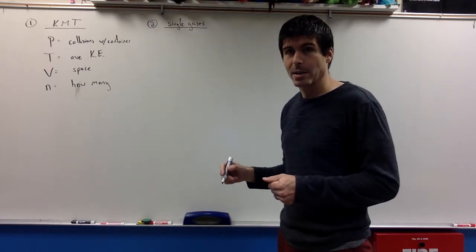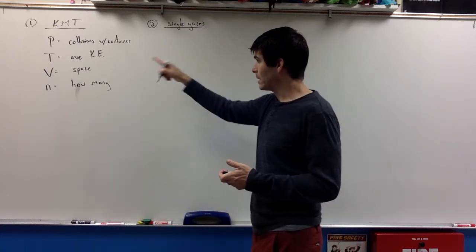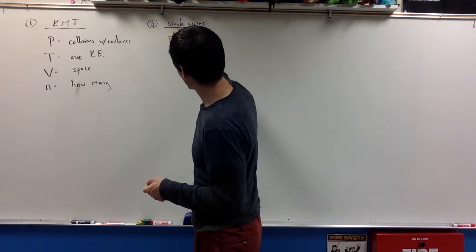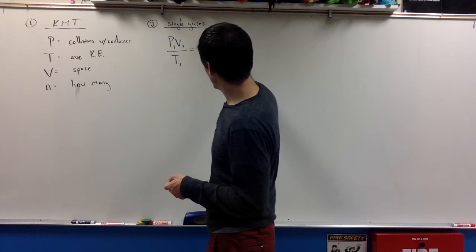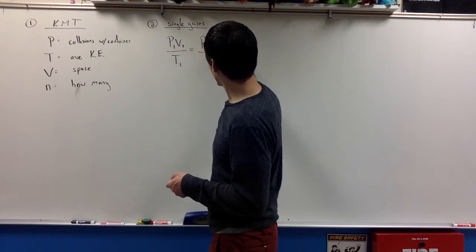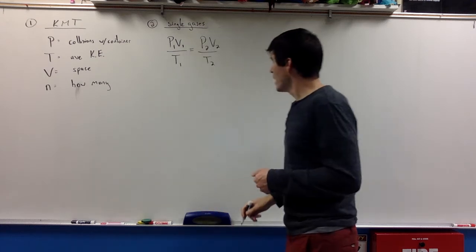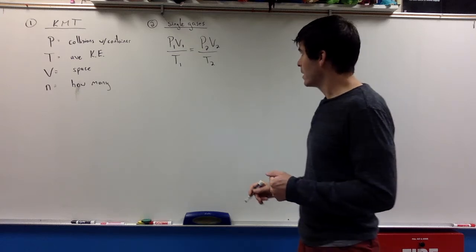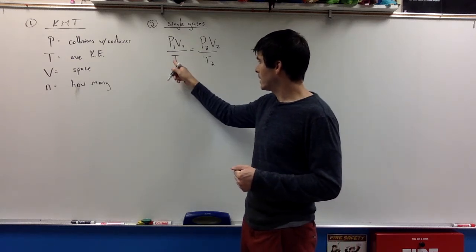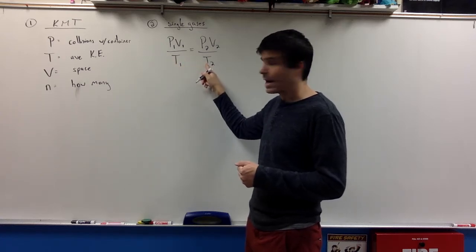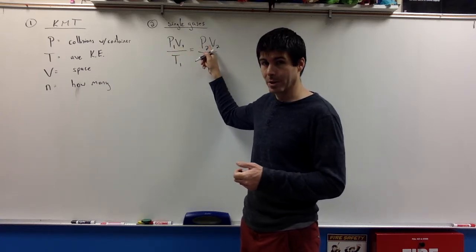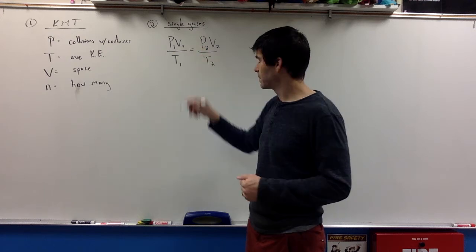Secondly, we're looking at mathematically, how do these properties change in a single gas? And we get the combined gas law. This shows us mathematically if the temperature, let's say, gets colder overnight, how would that affect the pressure and volume in your car tires?